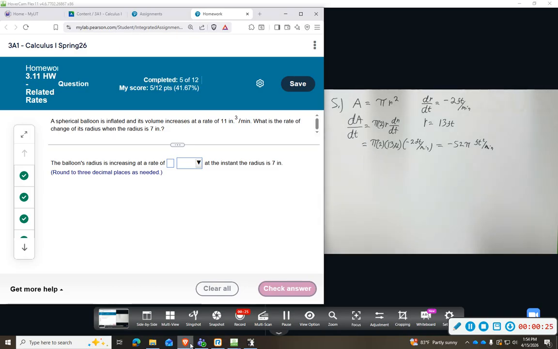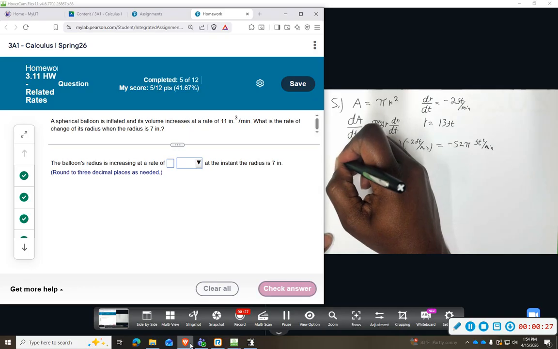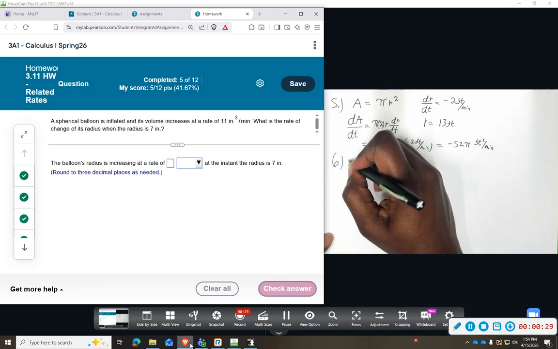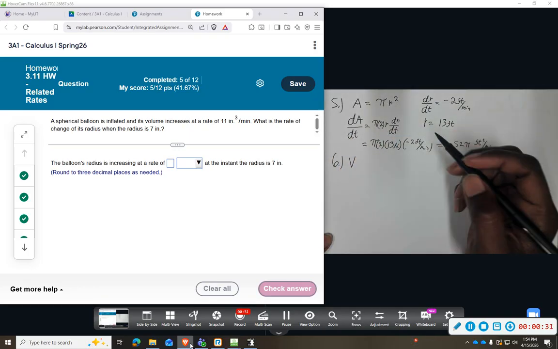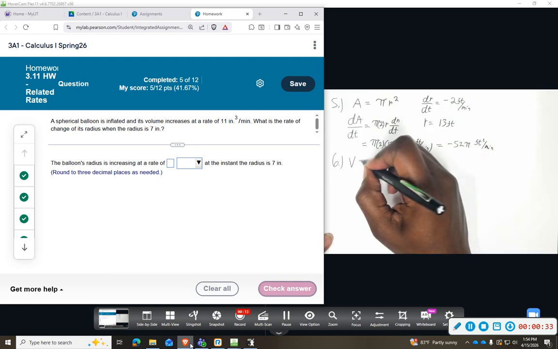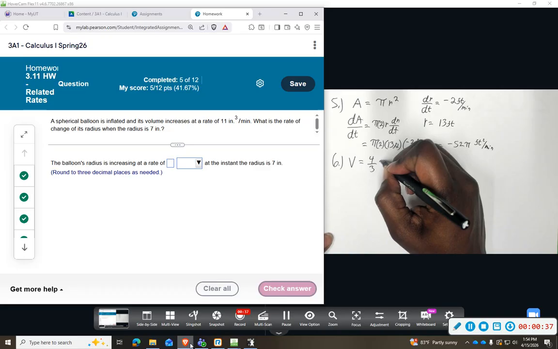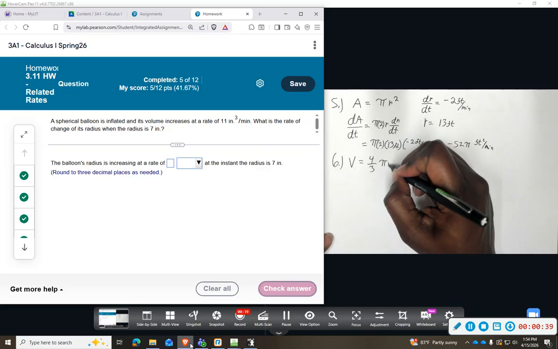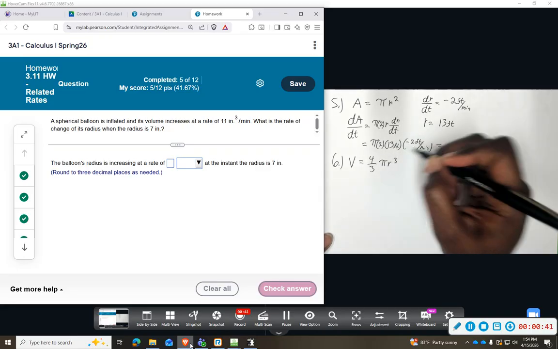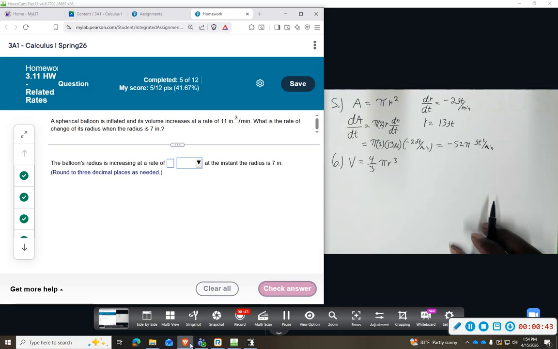So a sphere is going to be volume. The volume of a sphere is 4/3 pi r cubed. Okay, so that's the geometric formula we're going to start with.